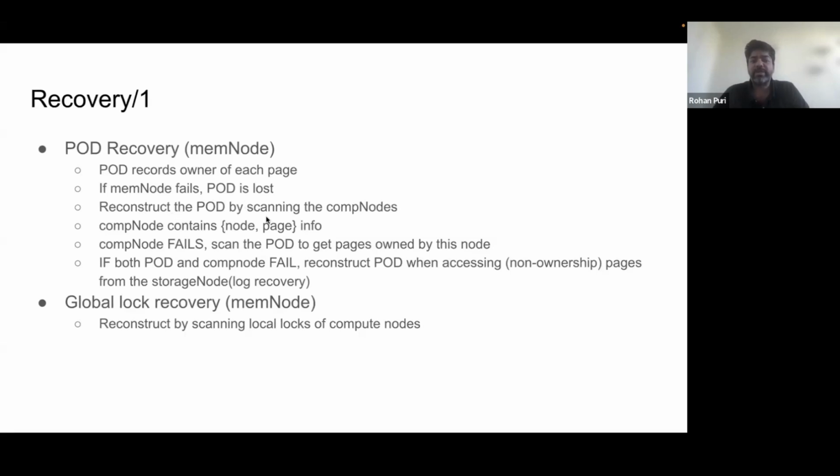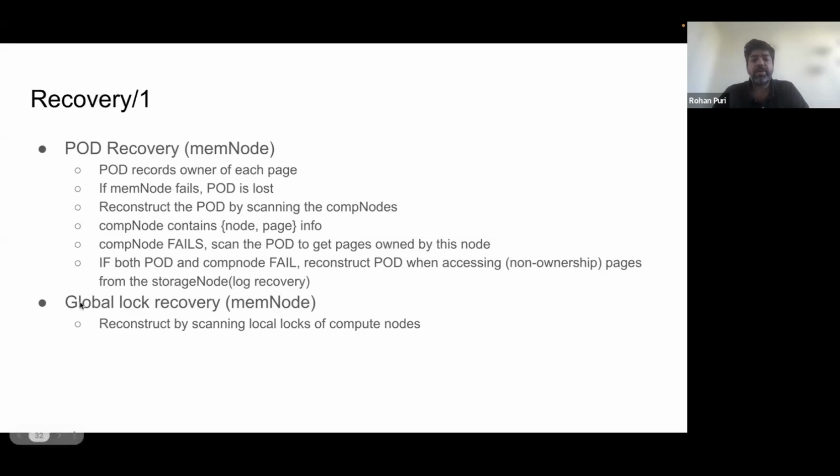If the compute node fails, then you can scan the pod to get the pages owned by that node, because the pod also has that information. But if both the compute node and the pod fail, then you can reconstruct the pod while you are accessing the pages from the storage node, and that's where the ownership again will get assigned.